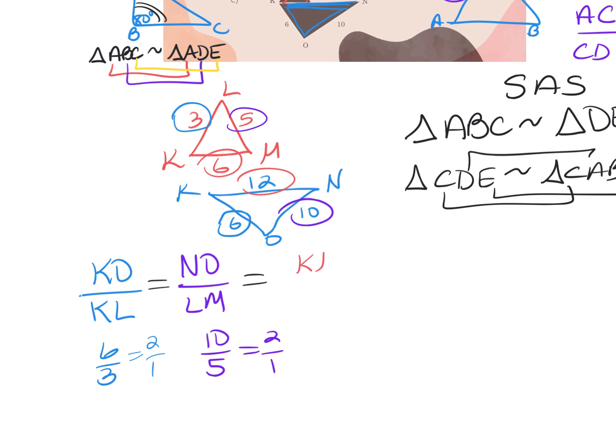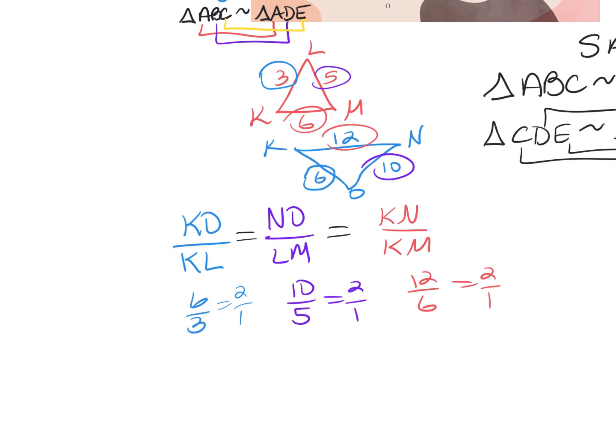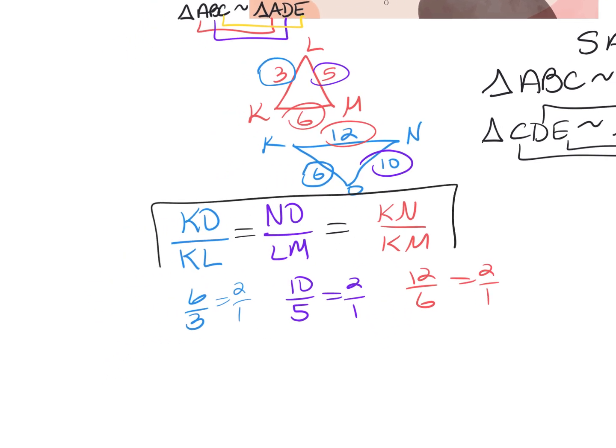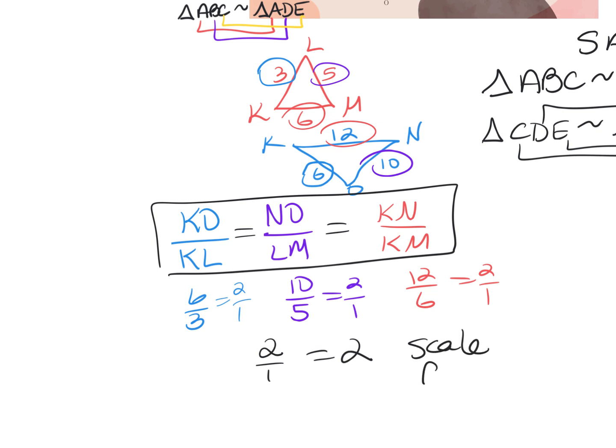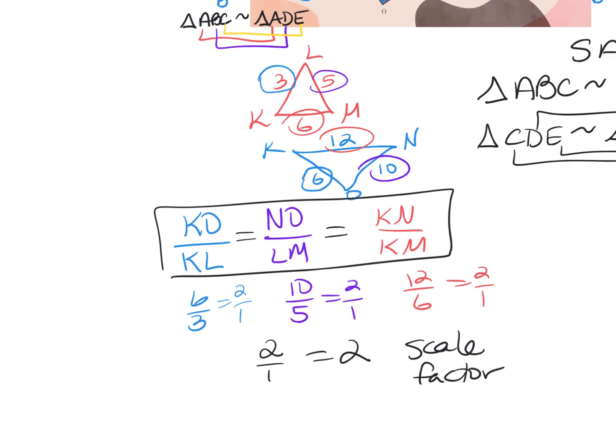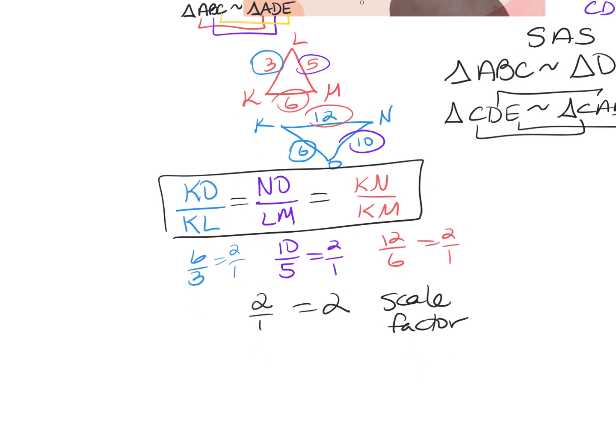So that'll be KN with KM, 12 to 6, 2 to 1. So because they all are proportional, and this is my statement of proportionality, and this is my scale factor, 2 to 1 or 2, going from the small to the big, I can state that triangle KLM is similar to triangle KON.